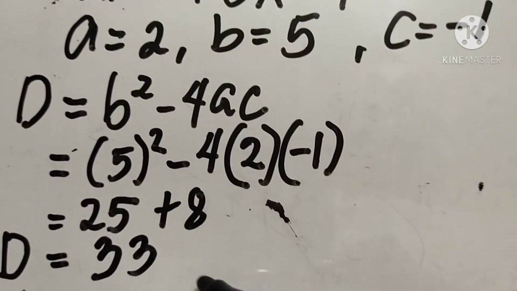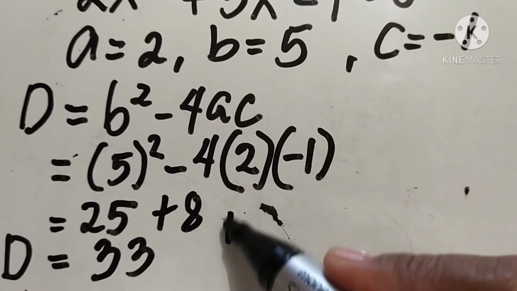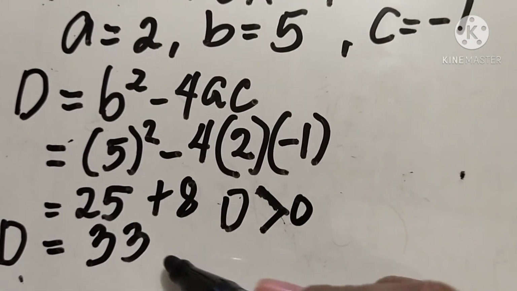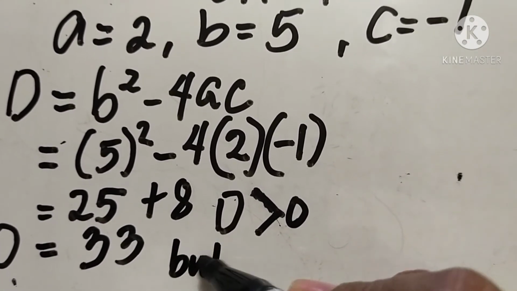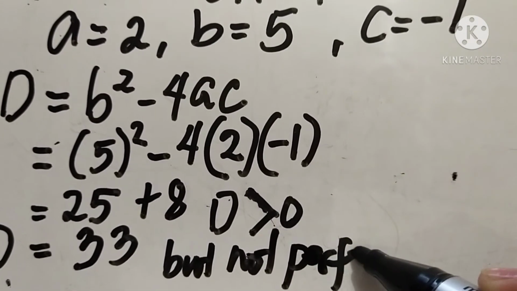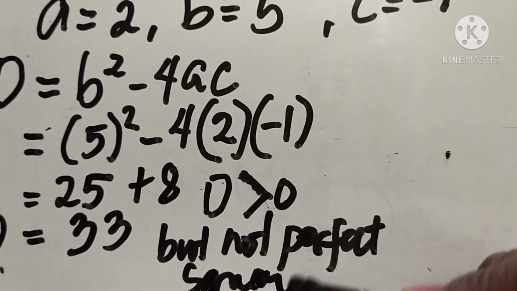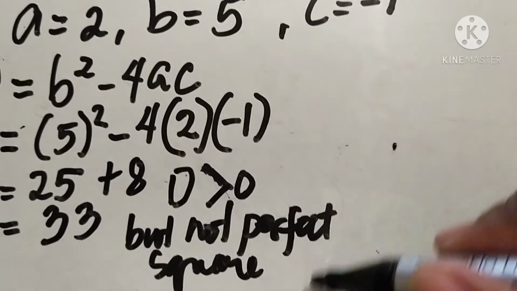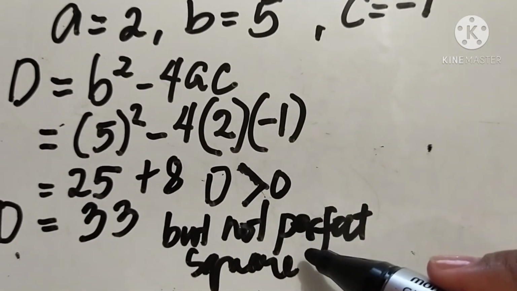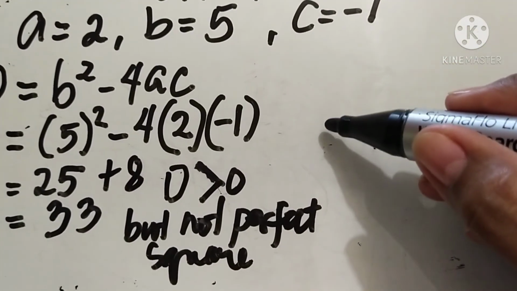Based from here, 33 is positive. So, therefore, you can say the discriminant is greater than 0, but not a perfect square, because 33 is not a perfect square. Okay, so since your discriminant is greater than 0 and not a perfect square, you can say the nature of the roots.